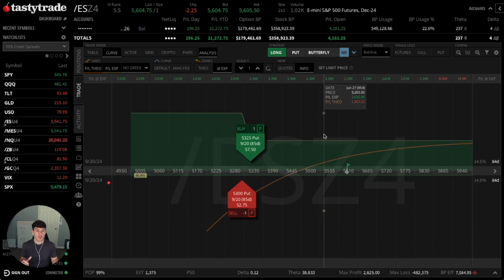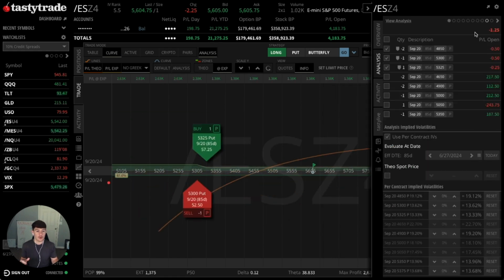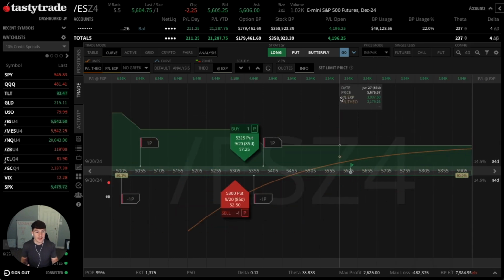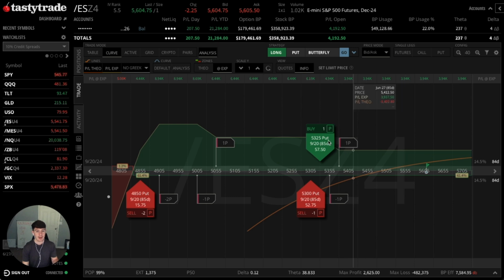Now, there are other more advanced things you can do, like adding in all your other trades to see what your total profit and loss looks like across all your accounts. If you're trying to smooth out that curve and eliminate risk, then you can do that as well. You can see here with all the 1-1-2s structured on, it goes down pretty hard here, but you can see the type of graph that it creates.